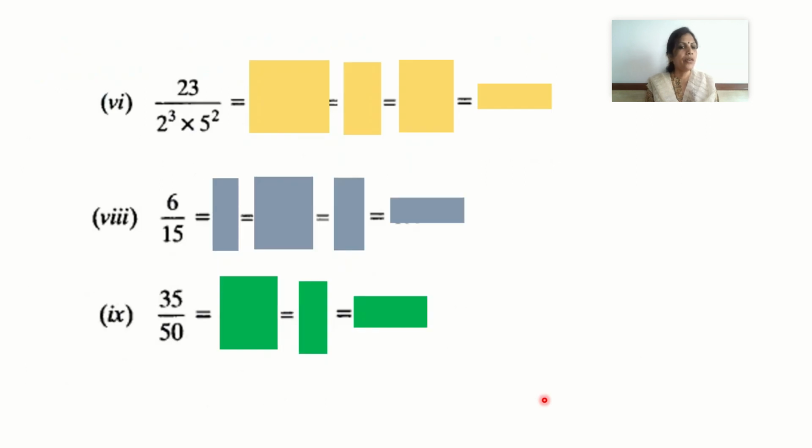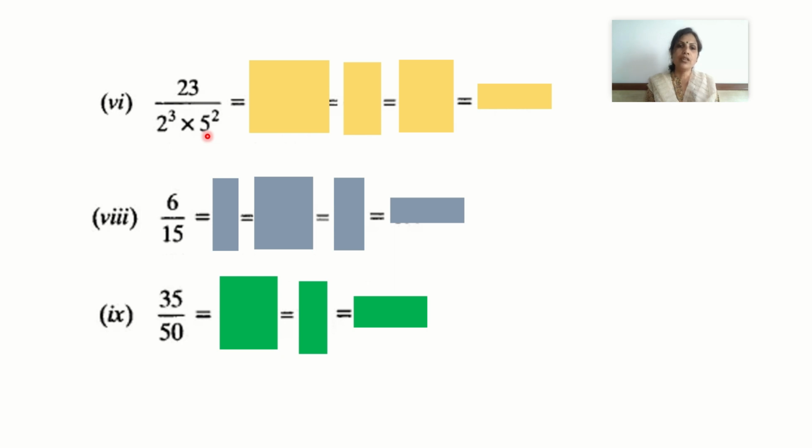23 upon 2 raised to 3 into 5 raised to 2. Now clearly you can see that the power of 5 is 2 and we want the power of 5 to be 3. In that case, what you have to do? You have to multiply and divide the given rational number by 5. So the power of 5 will become 3 at the denominator.